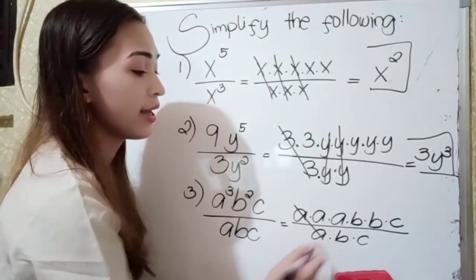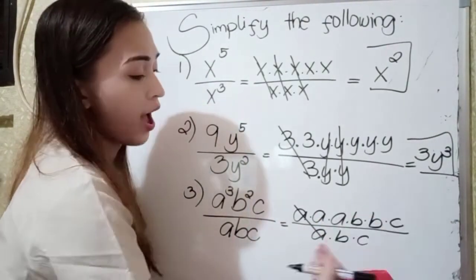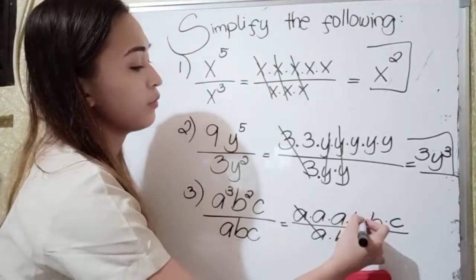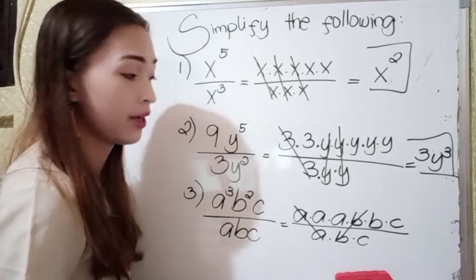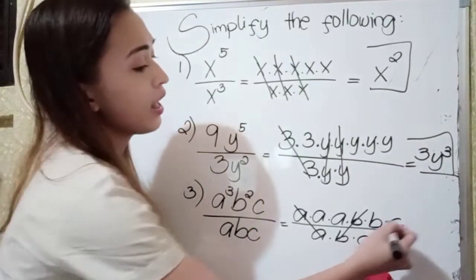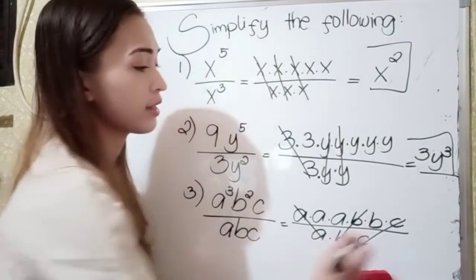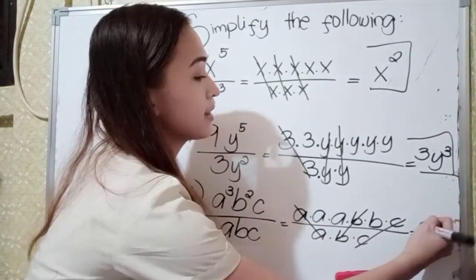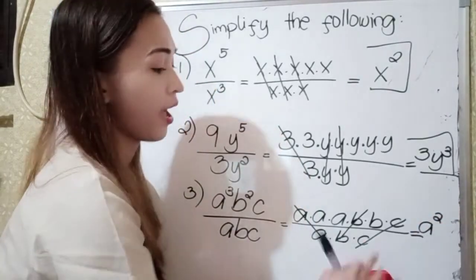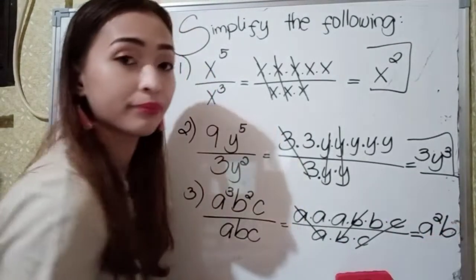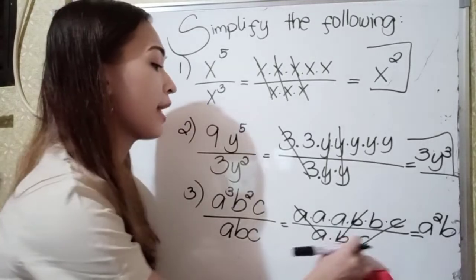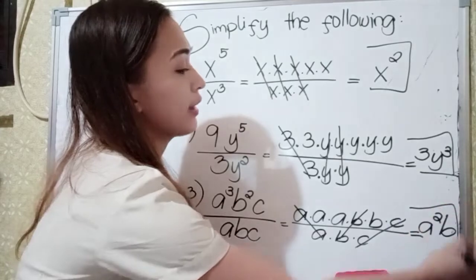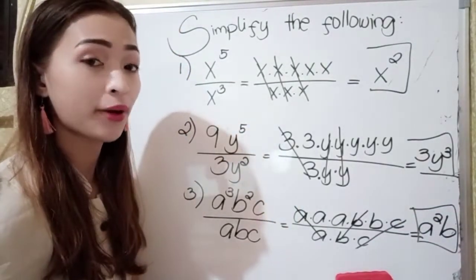So a divided by a is 1, so that is canceled. And b divided by b is 1, so that is canceled. And c divided by c is 1, so that is also canceled. In our numerator, we have 2 a's, so that is a squared. And we also have b. We don't have any values in our denominator, so our final answer is a squared b.